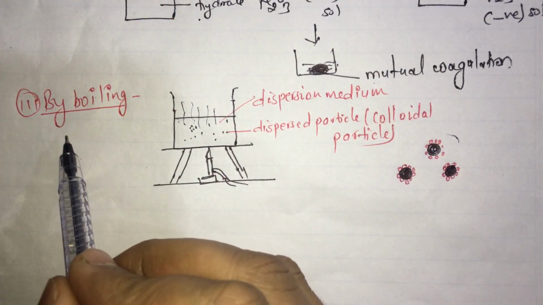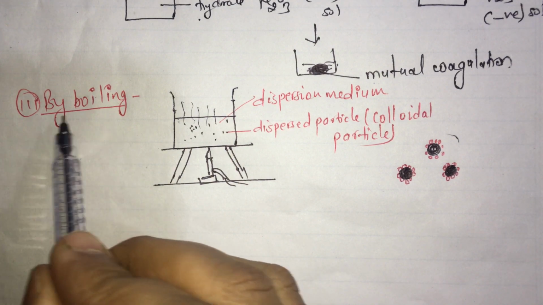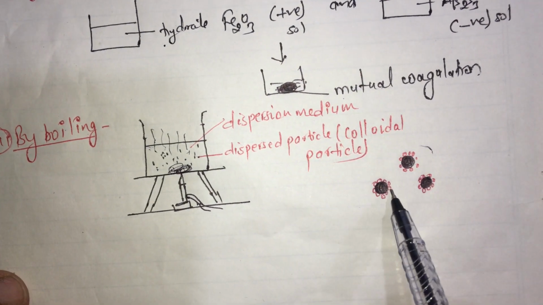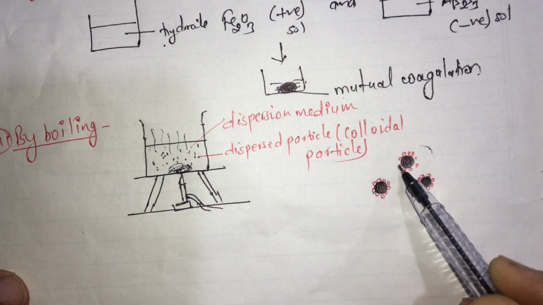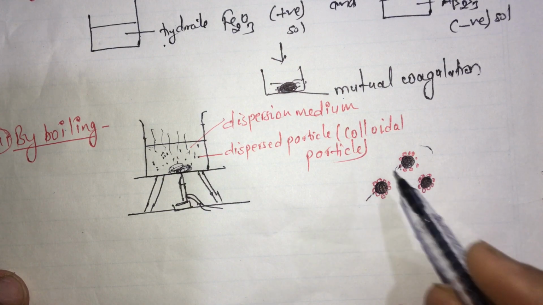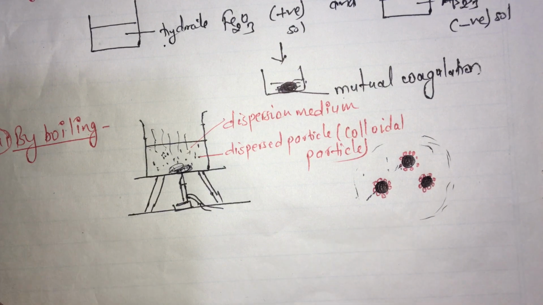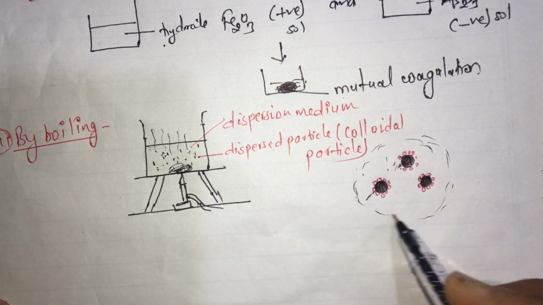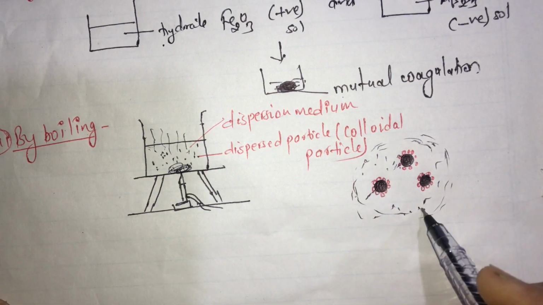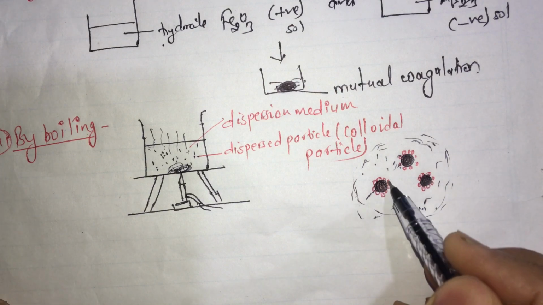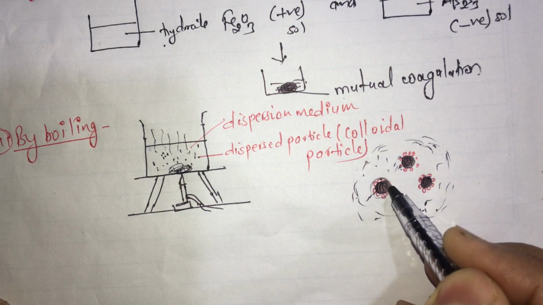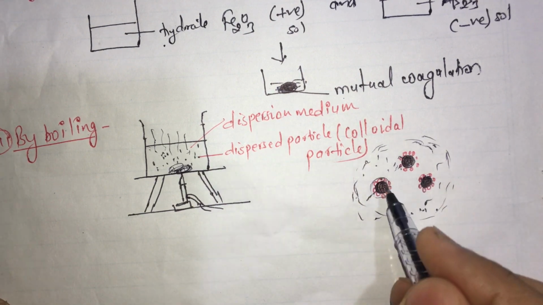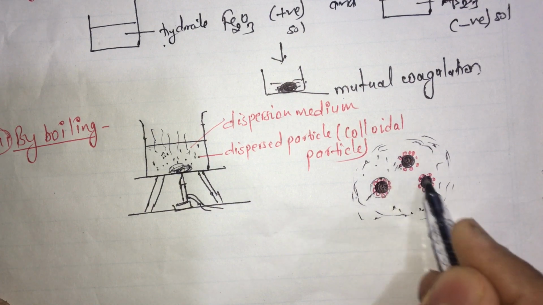Another method of coagulation of lyophobic sol is by boiling. If the sol is boiled, there will be an increase in collision between the sol particles and dispersion medium molecules. So the increased collision between sol particles and water molecules, that is the dispersion medium, removes the adsorbed layer of ions on the colloidal particles and reduces the charge on them.